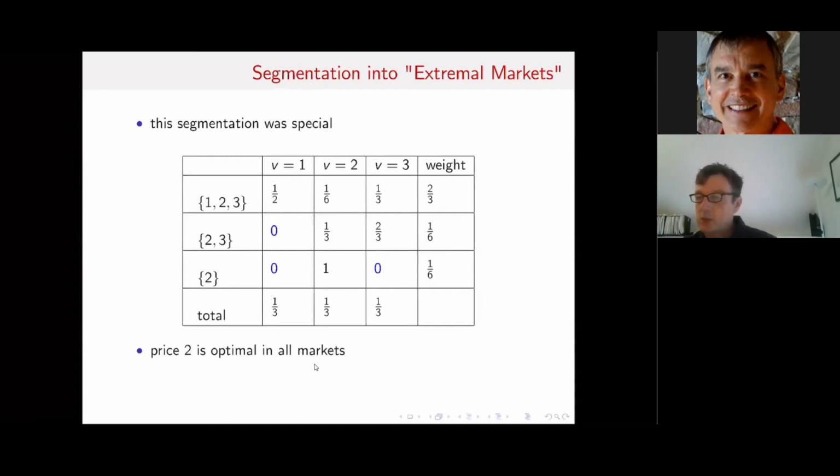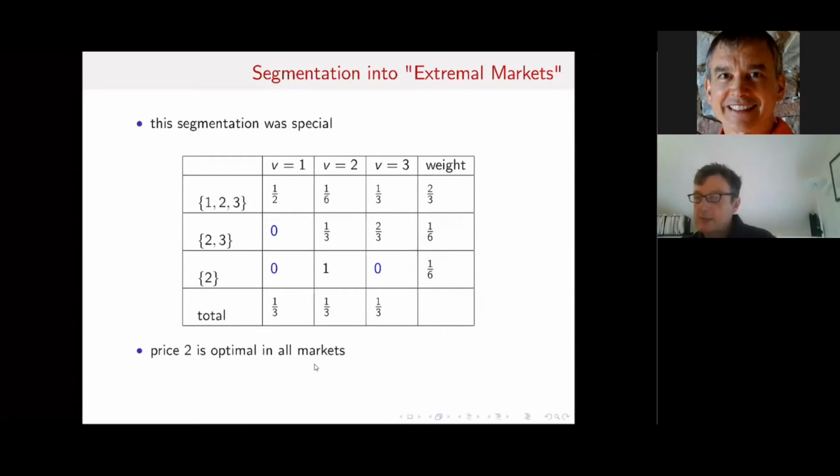If the set is 1, 2, 3, then values 1, 2, 3 have positive probability. If the set is 2 and 3, then only values 2 and 3 have positive probability. And if the set is 2, then only value 2 is in the support. That's precisely what happens in this matrix.